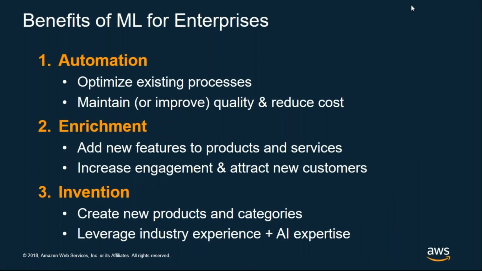So as we think about why so many enterprise customers are making the transition to machine learning, and why they are looking to leverage these technologies, there are really three broad benefits that enterprises are leveraging. The first is automation of internal and external processes.